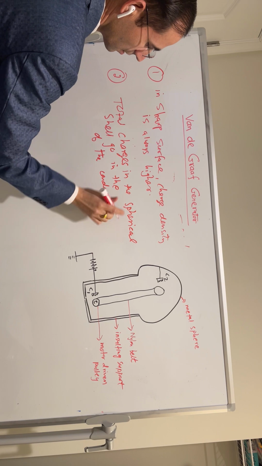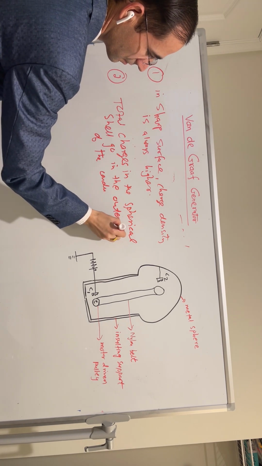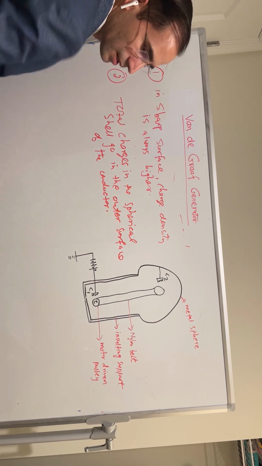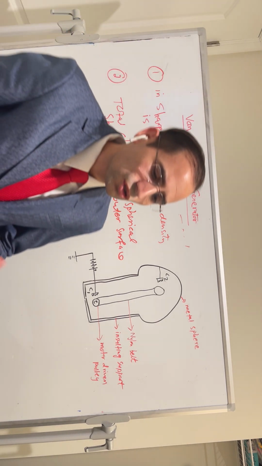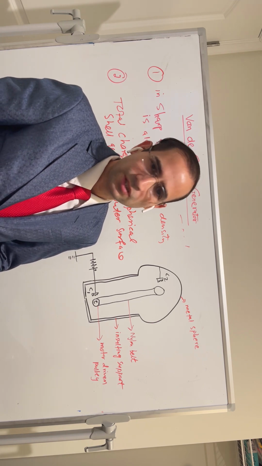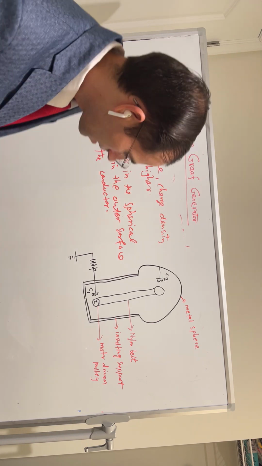Outer surface of the conductor. These are the 2 important things you need to understand to describe the Van de Graaff generator.